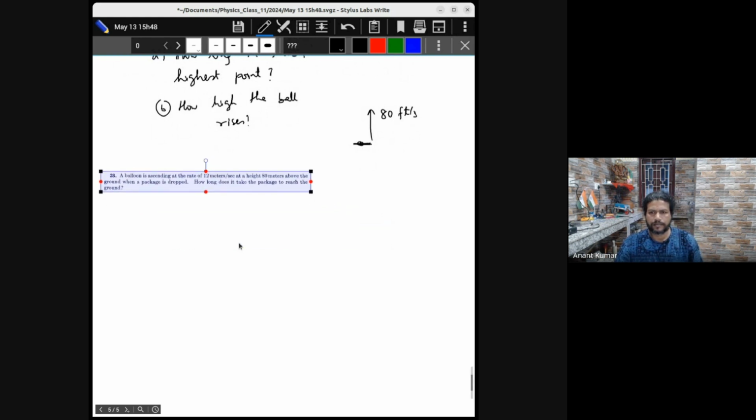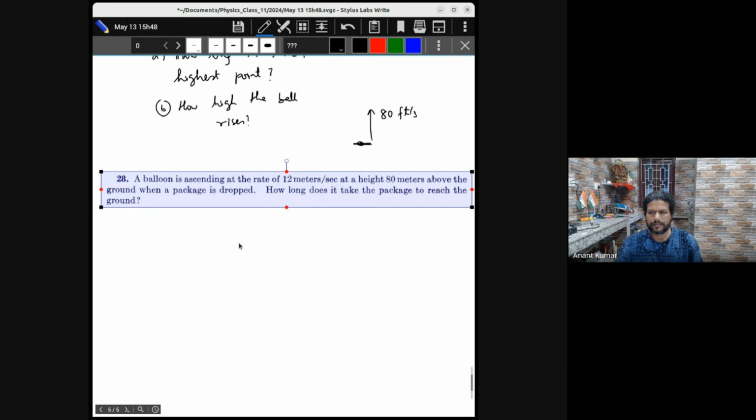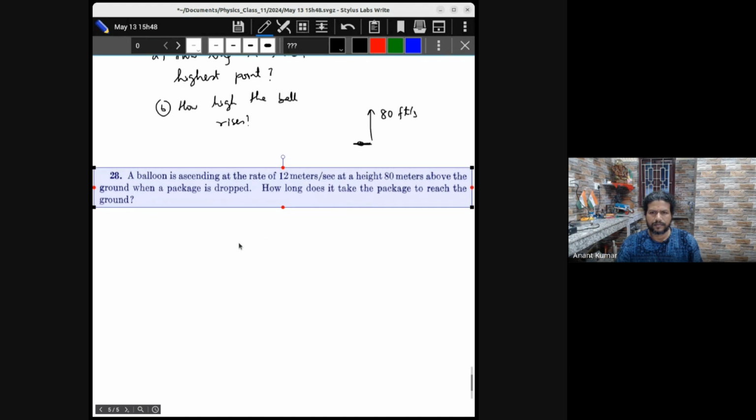A balloon is ascending at a rate of 12 meter per second at a height of 80 meter above the ground when a package is dropped from the balloon. How long does it take the package to reach the ground?